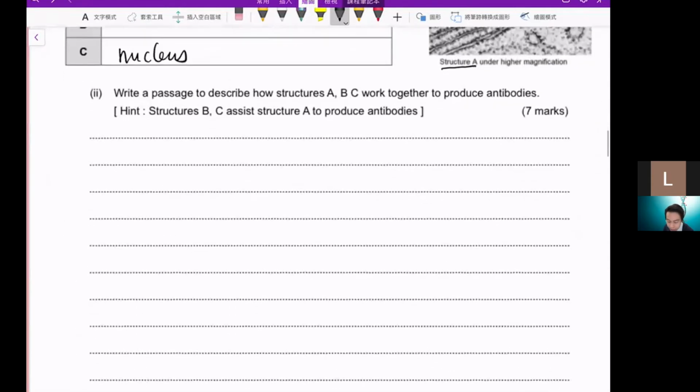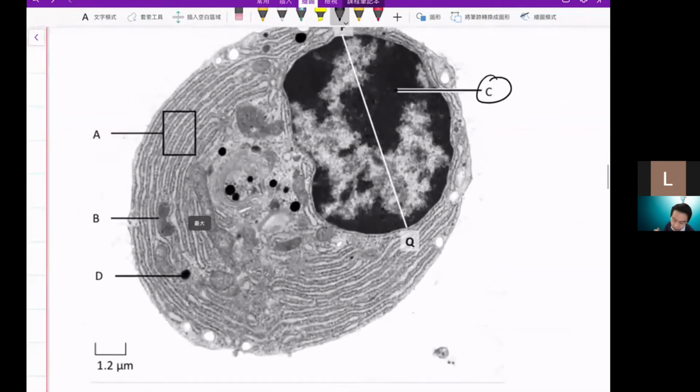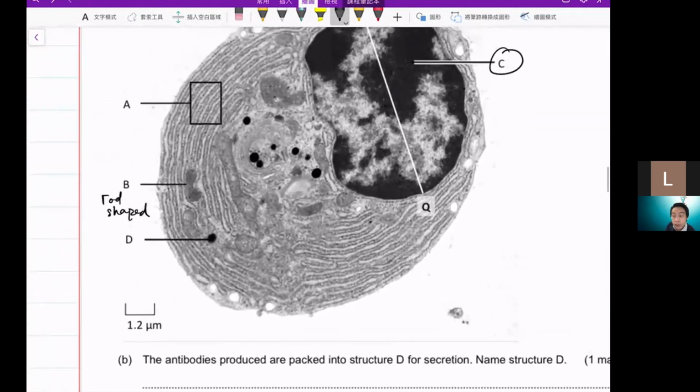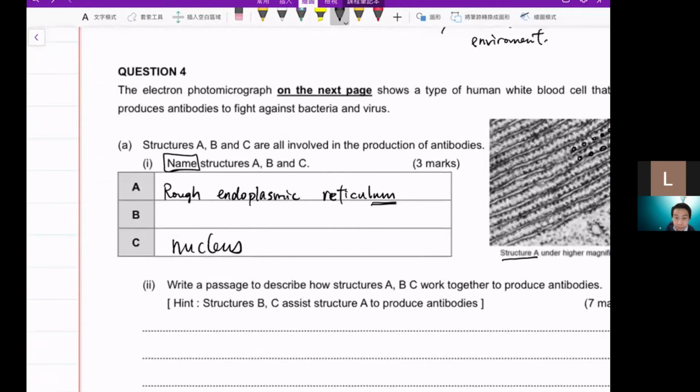For organelle B, okay, B is rod shaped. So B should be mitochondrion. Plural form, mitochondria.